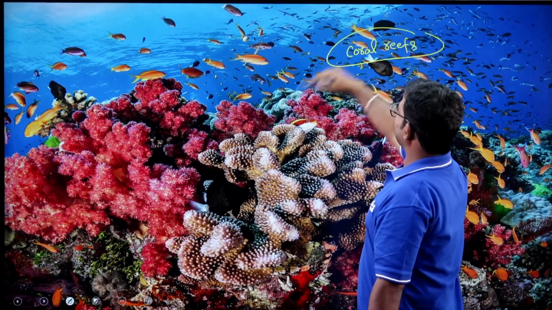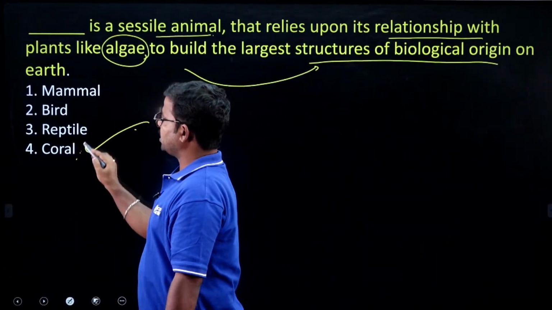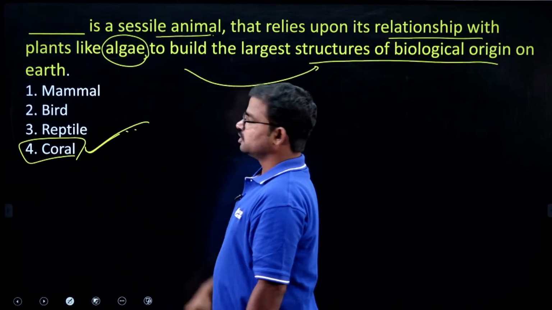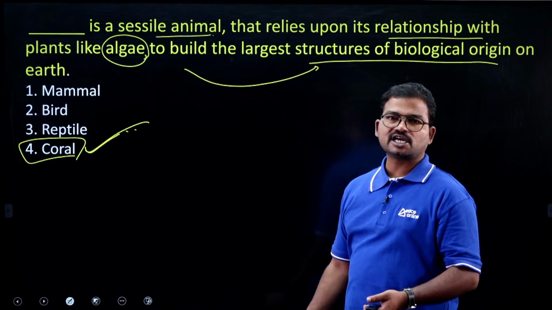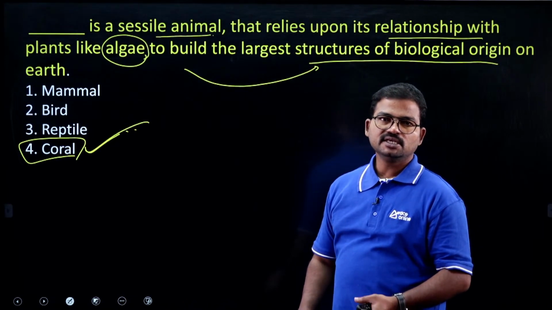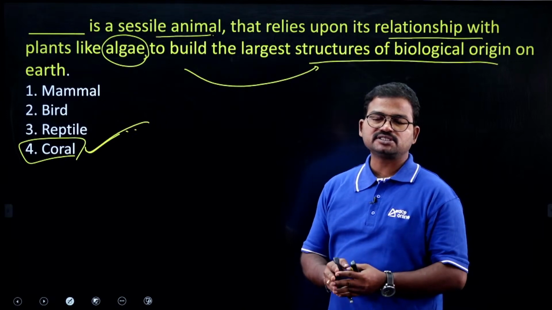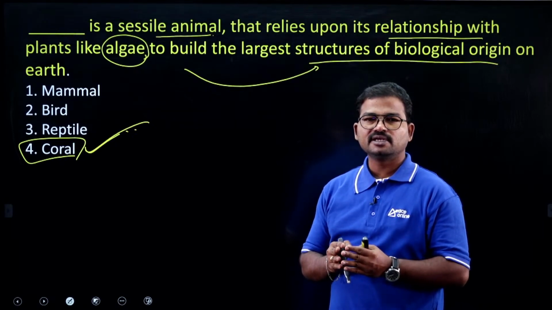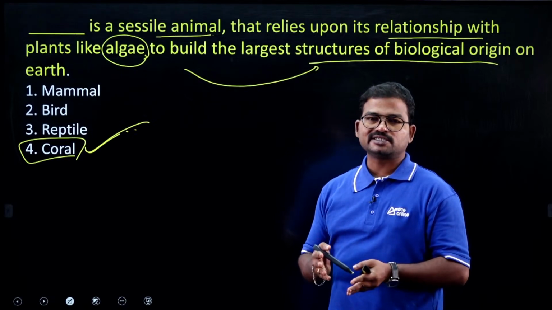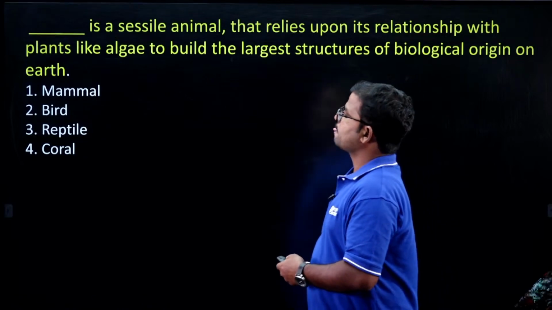These are considered the largest structures. So that's why we have to consider option 4. Of course, these are also living animals. In these coral reefs, calcium carbonate is present, so this is not considered a stone. Stones are completely inactive, abiotic bodies, but this is a biotic body, a living body.